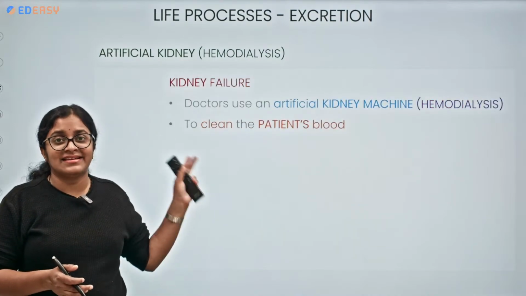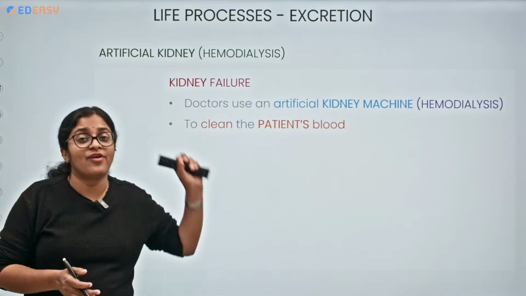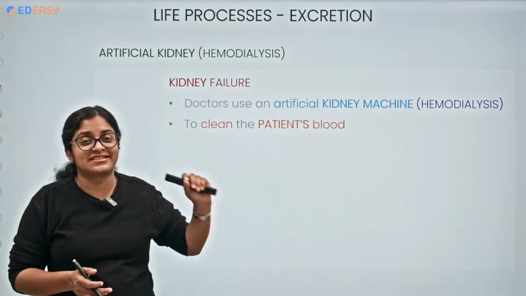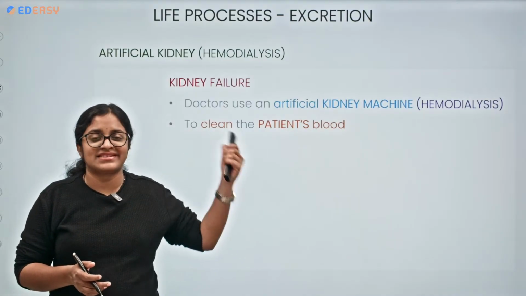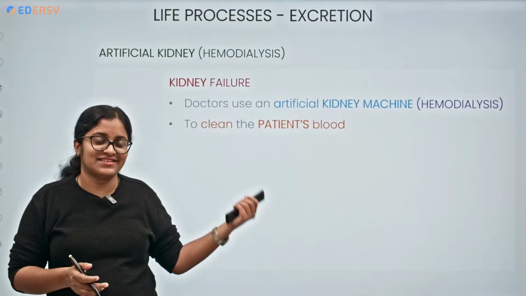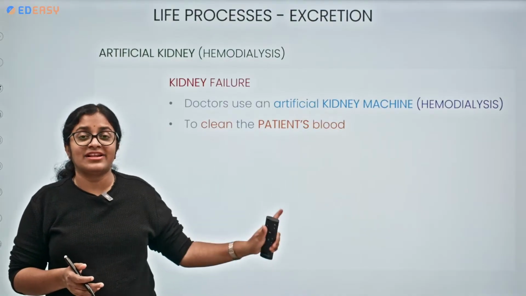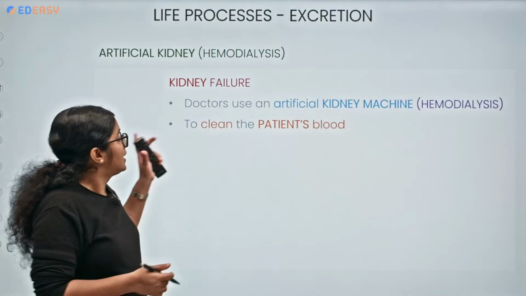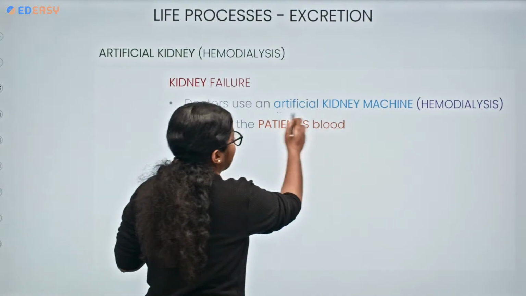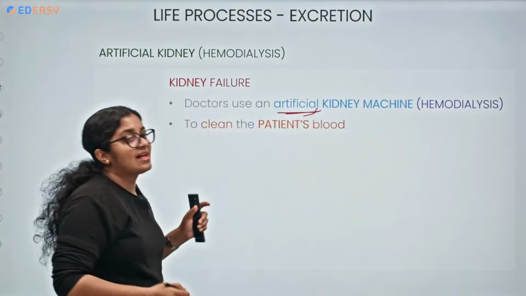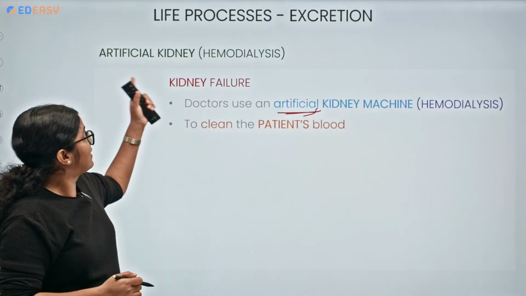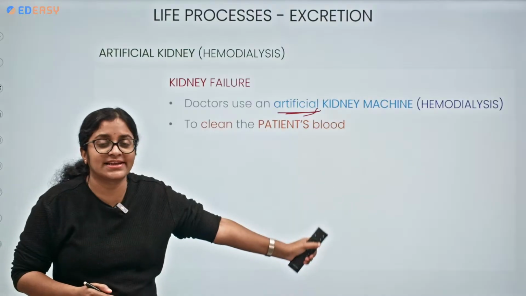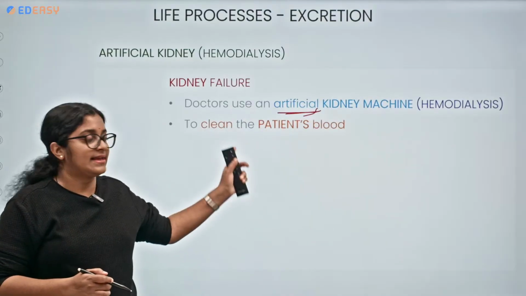Now in kidney failure conditions, the doctors will suggest either an organ transplantation if it is a severe one, or hemodialysis. The doctors use an artificial kidney machine, which we will now be discussing, the artificial kidney machine or hemodialysis.